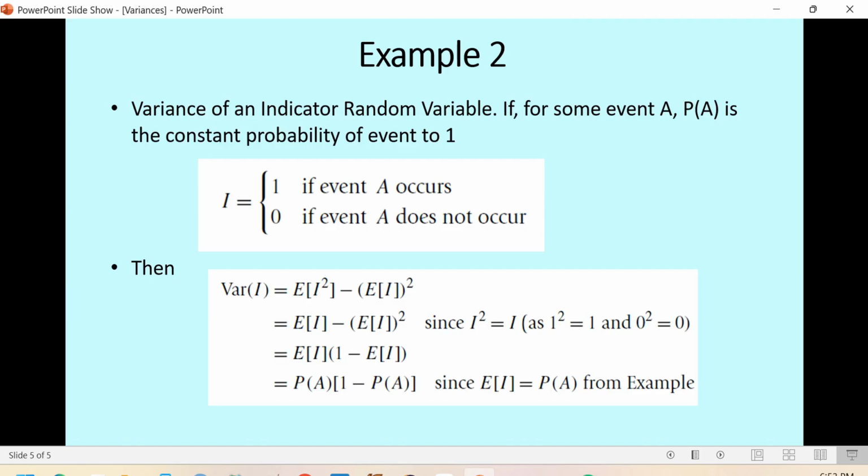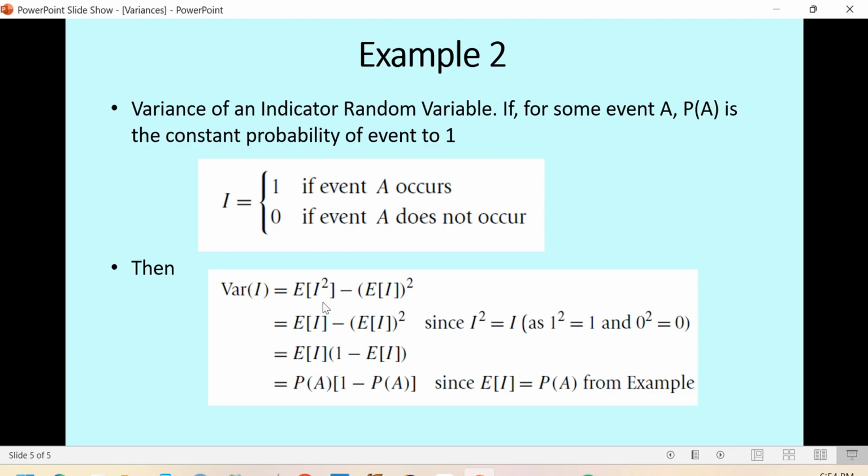The question is, we want to calculate the variance of I. I can take two values, 1 or 0. We use this formula again: the variance of I equals the expectation of I squared minus the square of the expectation of I. Remember, I can be 1 or 0, and we have probability P(A) of I equalling 1.